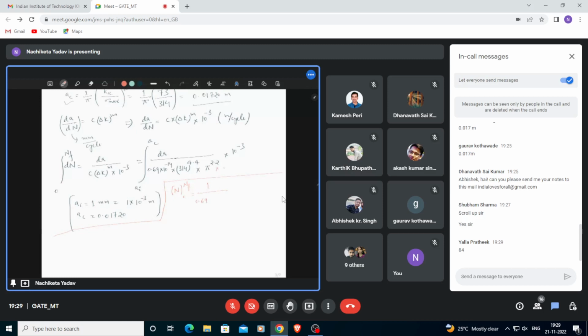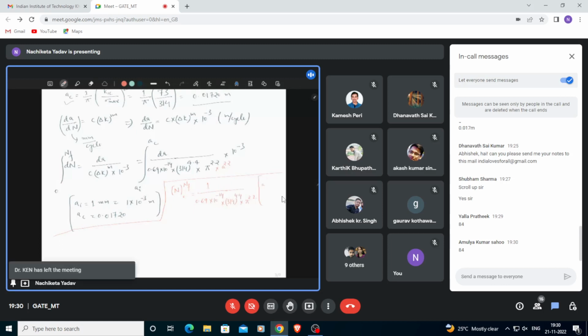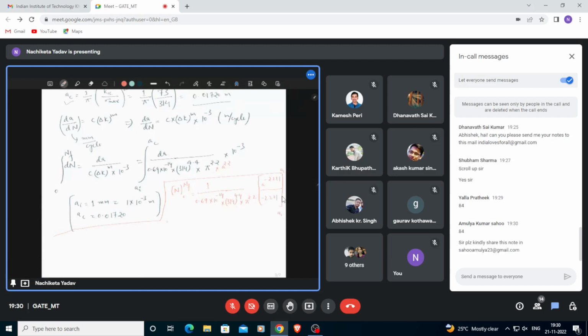Here I have forgotten A 2.2 also. Minus 14 into 3.314, minus 2.2 plus 1, minus 2.2 plus 1, and it varies from AI to AC.